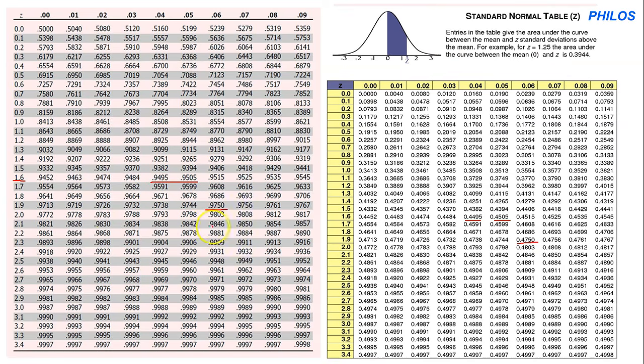So we have here 0.9901, and we also have here 0.9898. So it means that 0.9900 is between them.